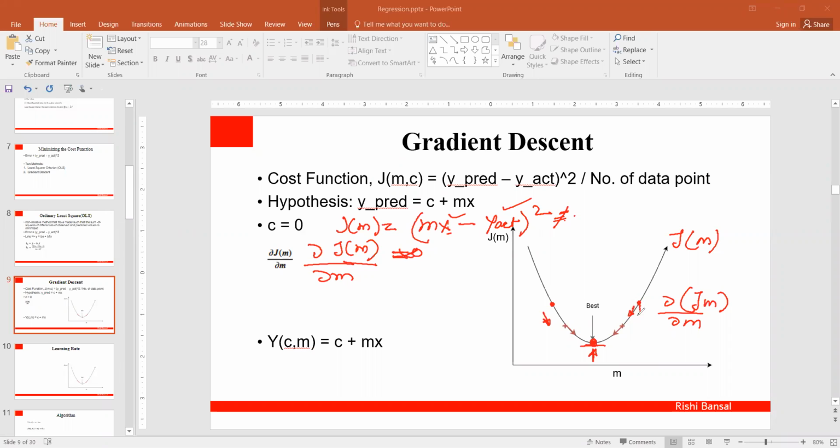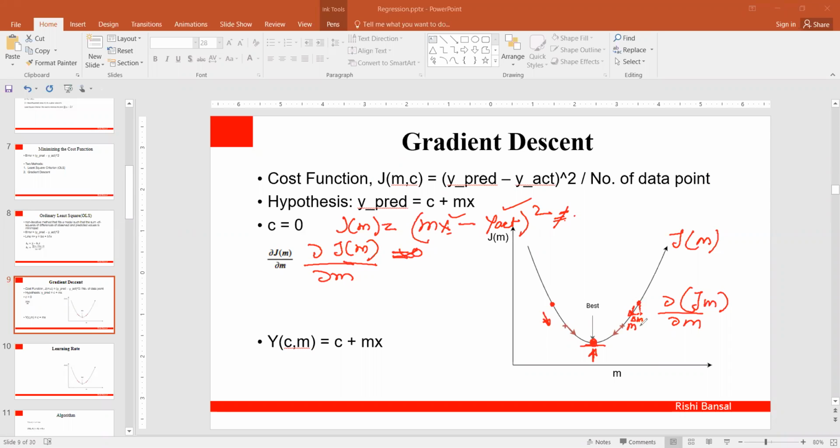So this is your delta m, a change in value, which is this slope actually.